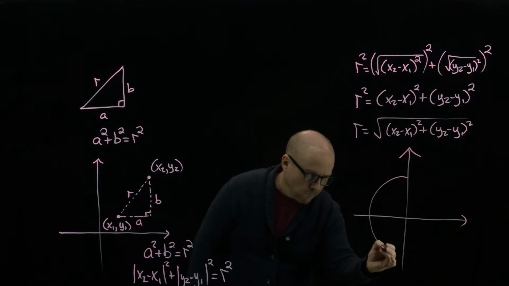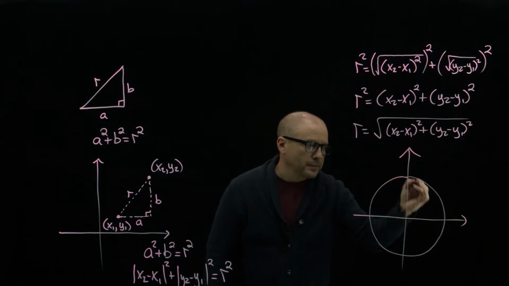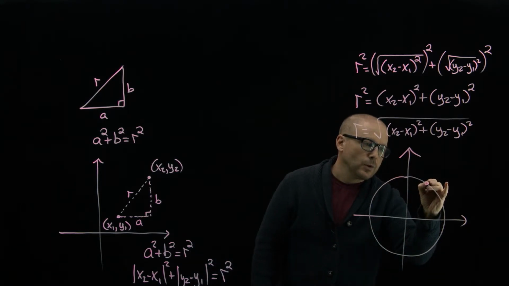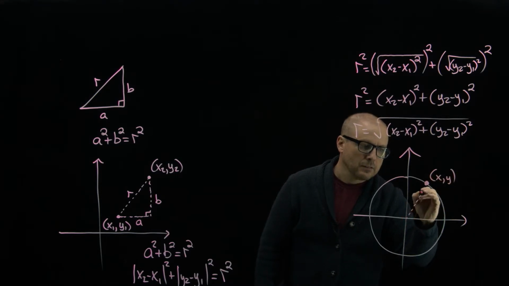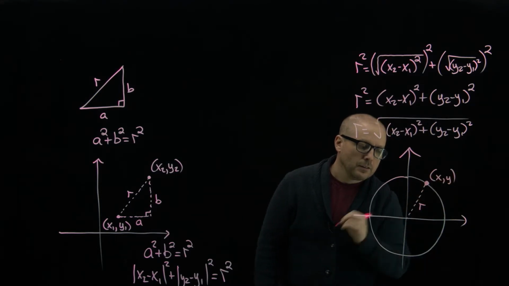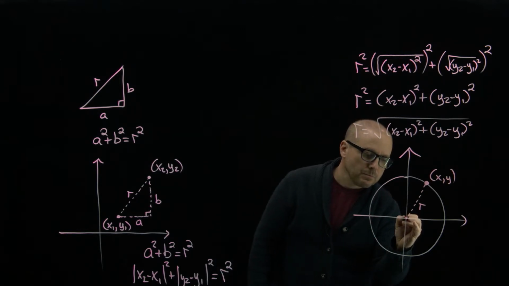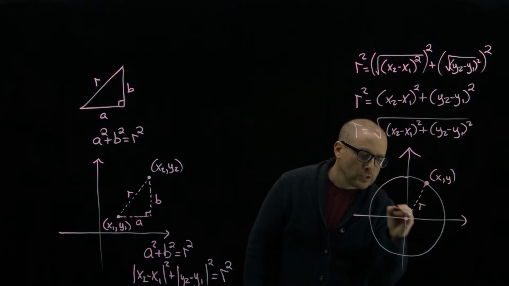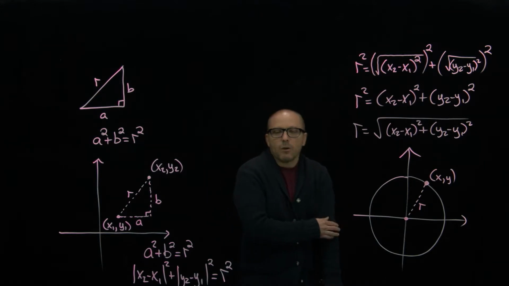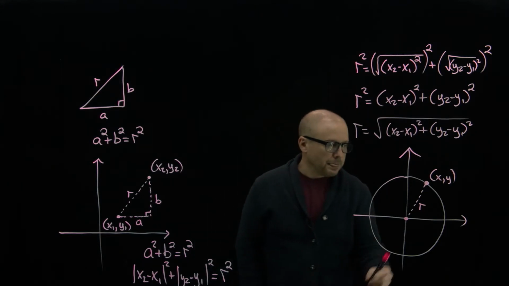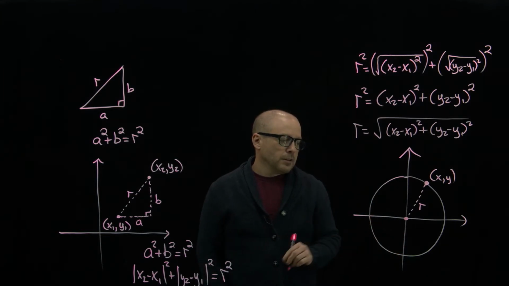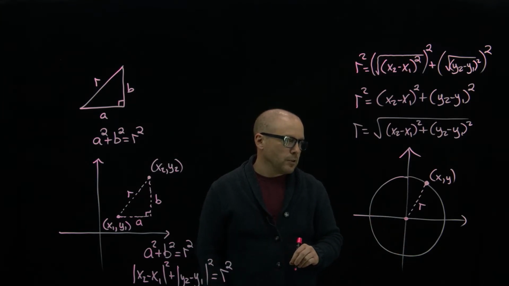A circle is all points xy that are a fixed distance r from the center. Well, I've drawn this from the origin, which is how it was on the test, but we could generalize this. I'll do it in the simple case of centered at the origin here first.